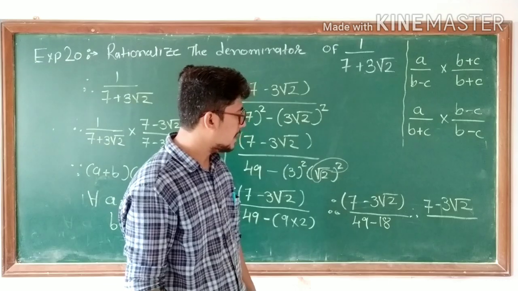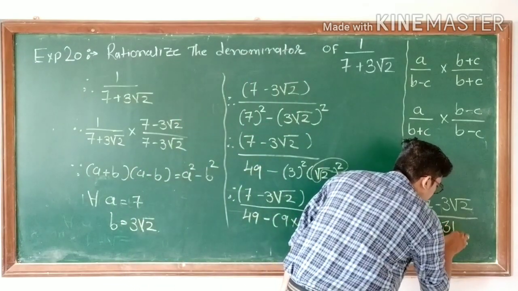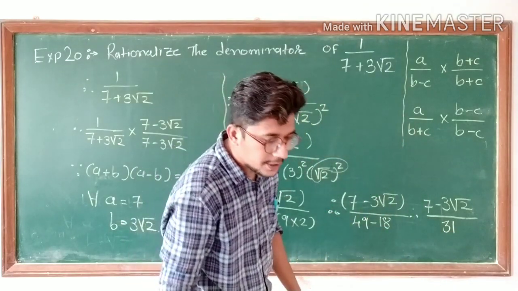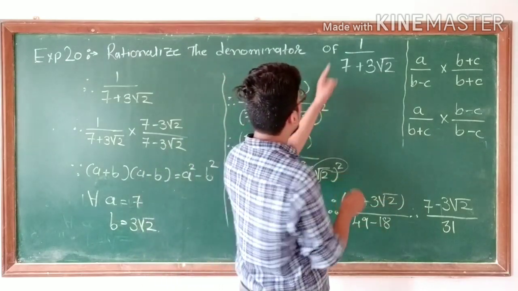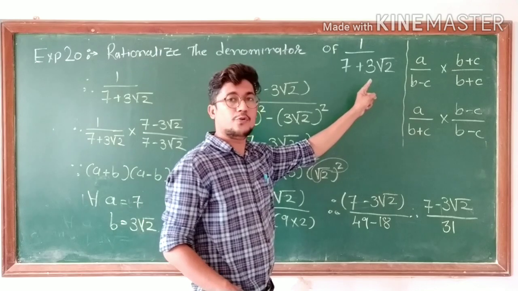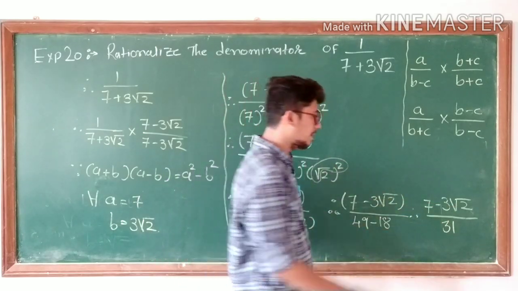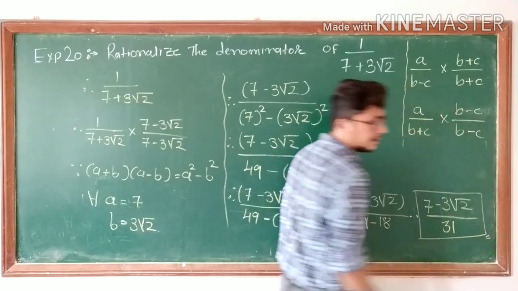That is 41. That is 31, I think. So 31 will be your denominator, and it is a rational number. Yes or no? So it is right. It has been rationalized. So 1 upon 7 plus 3 root 2 is rationalized to 7 minus 3 root 2 upon 31. So it is your final answer.